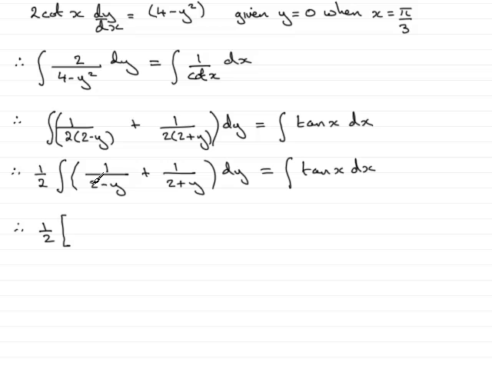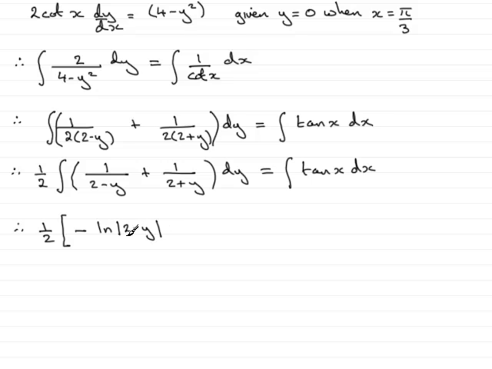If it does, it means that it's a natural log type. So if I differentiate the denominator here, I get -1, so I can make an adjustment for that, and this becomes minus the natural log of the mod of 2 minus y.